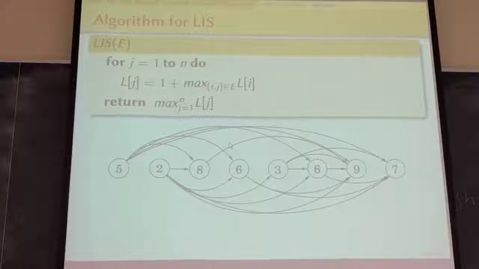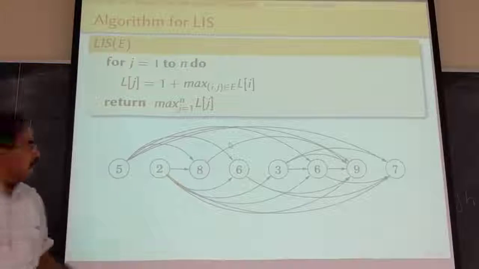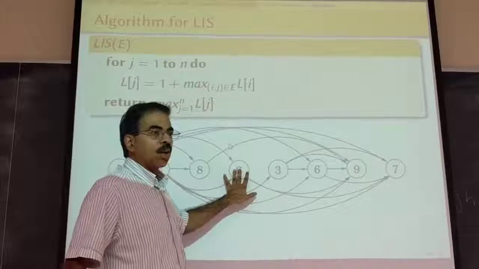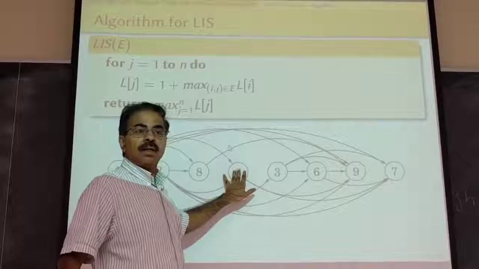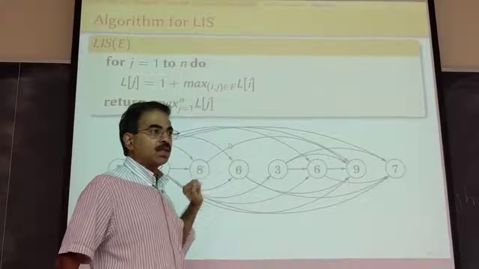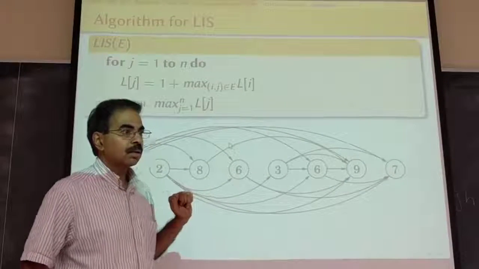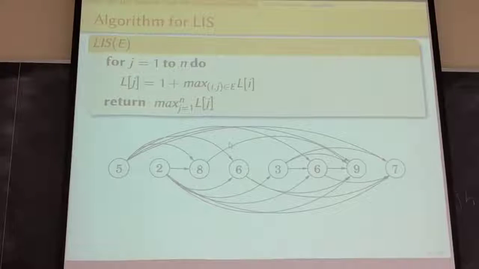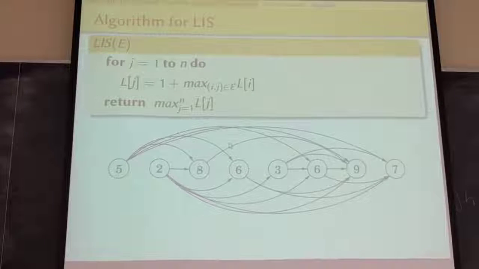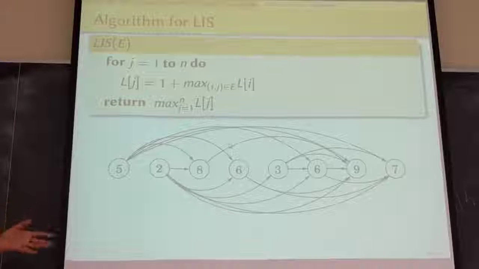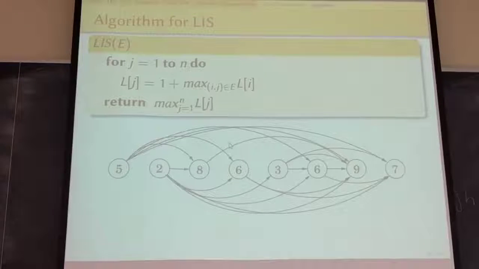Let's ask this question. Let's say this is a random sequence, right? So let's pick one of the elements, right? How many arrows can we expect to be coming into it? Not at most, that's why I said random, right? Because if you say at most, of course, the worst case is clear, right?